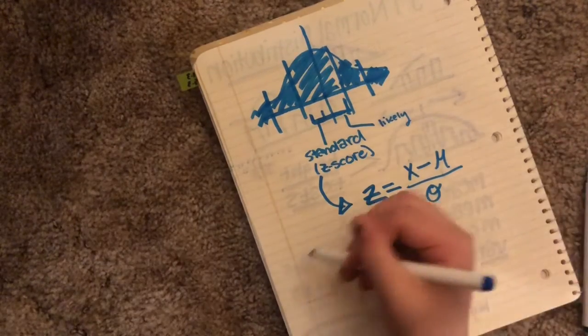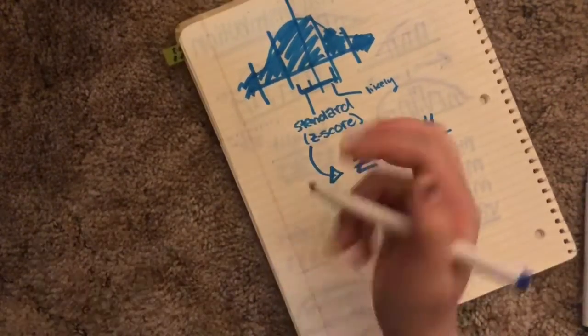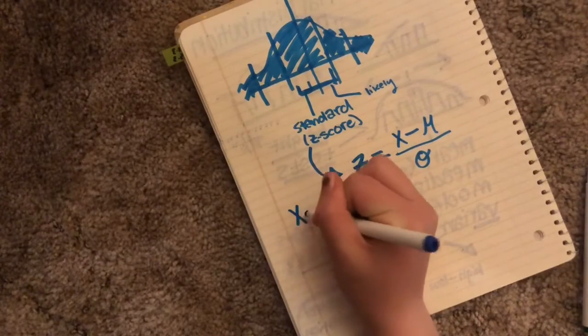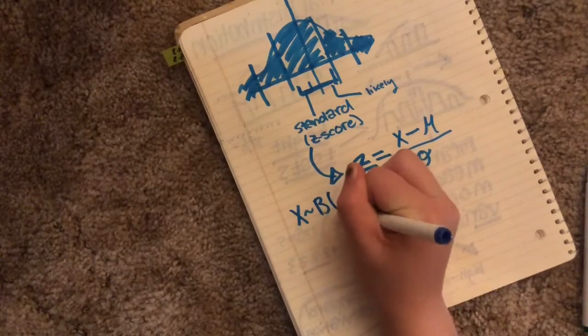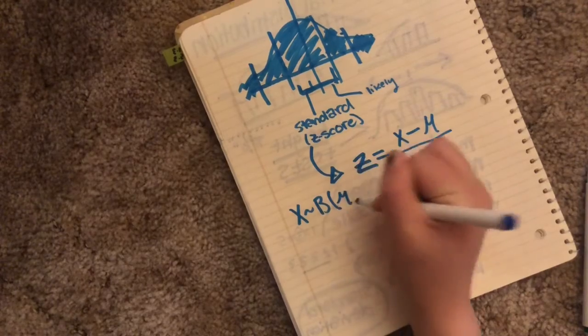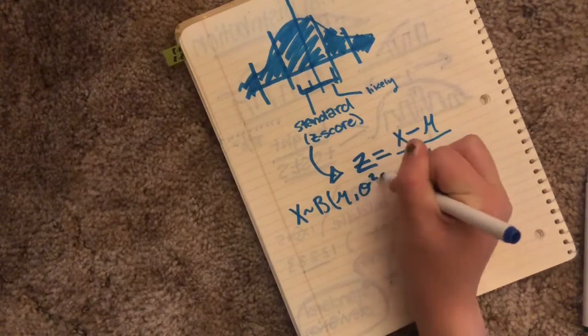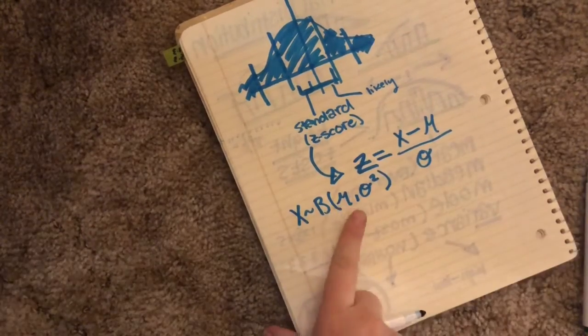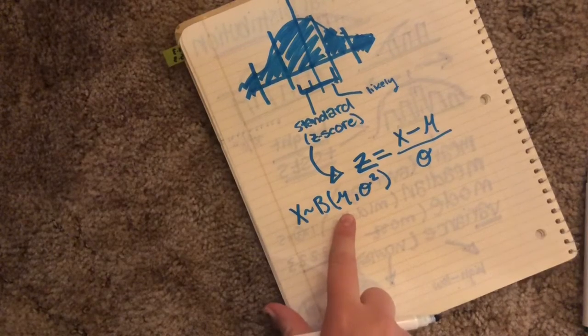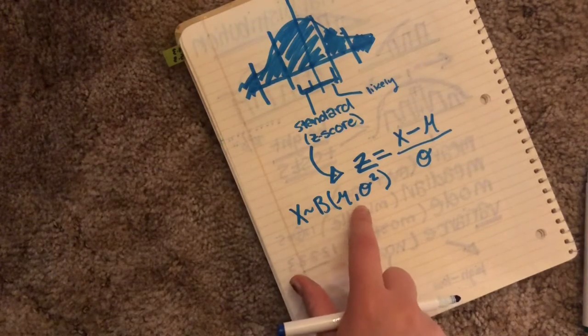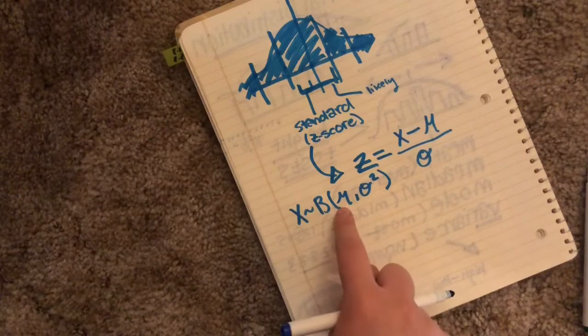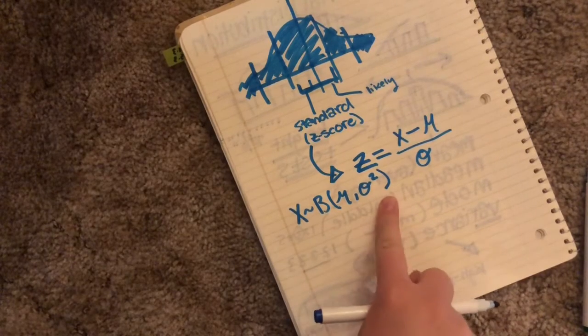So, where can we get that from? Well, something that you may sometimes see in an IB exam is something that looks like this. So what this means is the probability of this event, and these two values here are the mean and the variance.